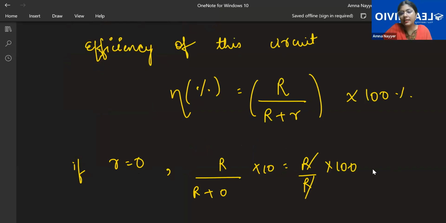So R and R get cancelled, which is equal to 100% efficiency. Because there is no obstruction in your path. There is no physical quantity existing in your circuit to disrupt the flow of the current. The current will flow very smoothly, because whatever current is entering should be exactly reaching the terminal. So that case is only possible when you have the perfect efficiency.